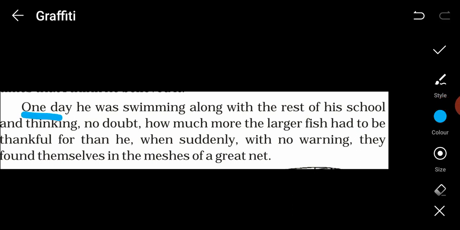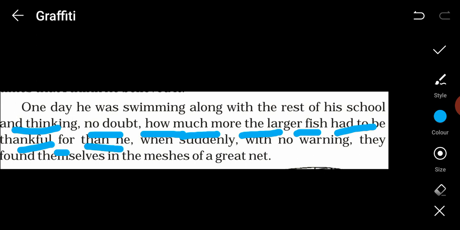One day, he was swimming along with the rest of his school. A group of fish is called a school. Okay, so he was swimming along with the rest of his school, means with the rest of the group of fish, and thinking, no doubt, how much more the larger fish had to be thankful for than he.